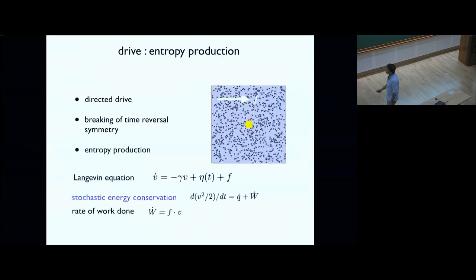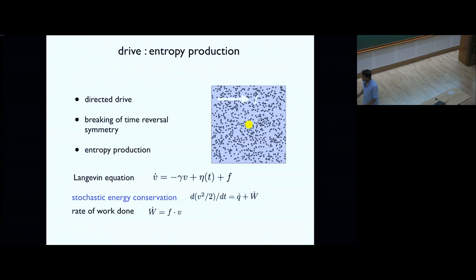So the simplest way we can drive the system out of equilibrium is to put some external force on the system. So one will give a directed force and write down the Langevin equation in presence of this directed force, and that changes the stochastic energetics: energy conservation will now be given by the total heat absorbed by the system and the work done on the system.